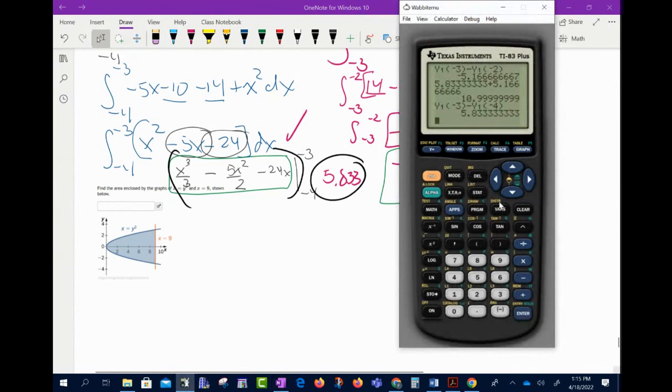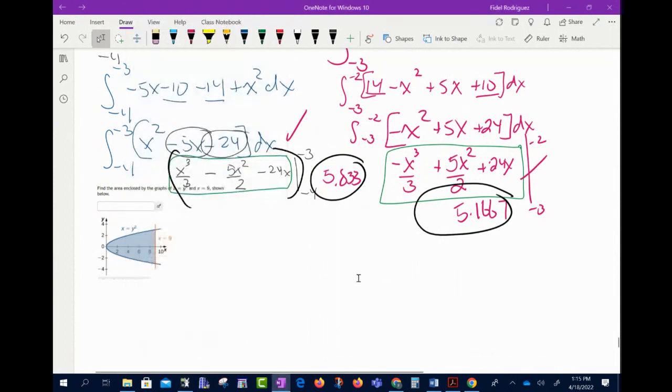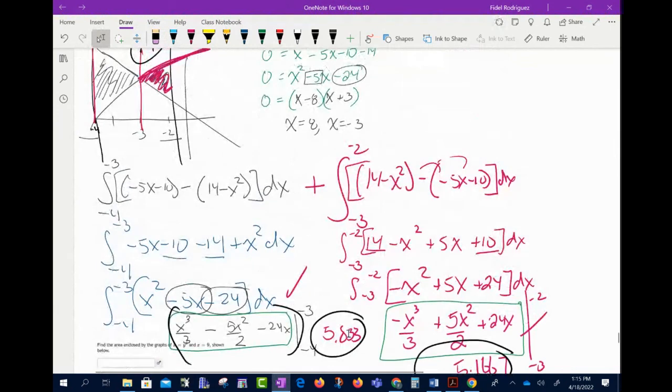Okay, so let me make sure I'm doing the second part right. I'm going to go y bars. I need to go from -2 minus y bars to -3. Okay. And then don't I need to add those two numbers together? And that's where we came up with our 11. But aren't we adding them? Because didn't we have this?